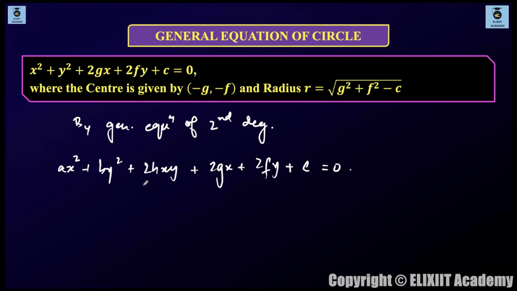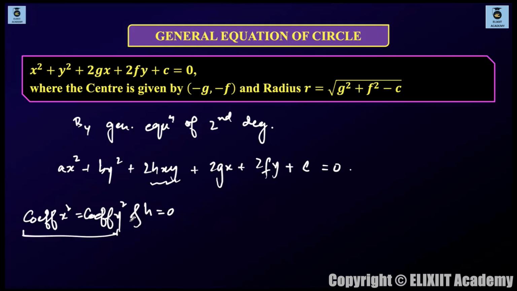So what is h? In the general equation of the circle, the xy term is absent, which means h is 0. What else? The coefficient of x square is the same as the coefficient of y square, and h is equal to 0. The sufficient condition is that the coefficient of x square is equal to the coefficient of y square.